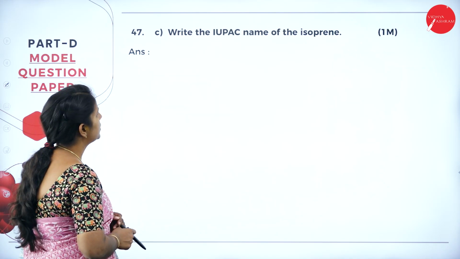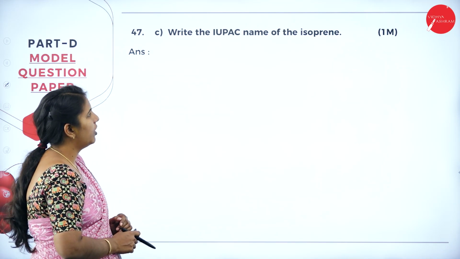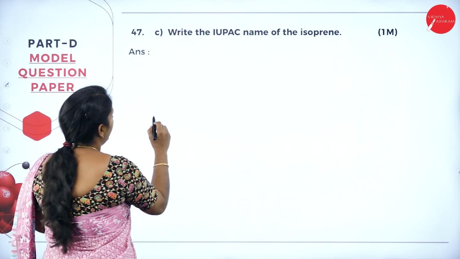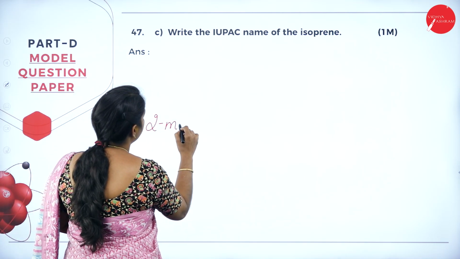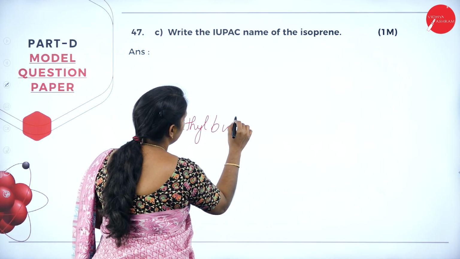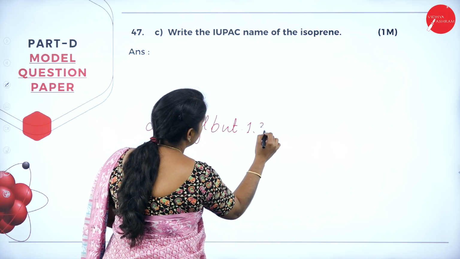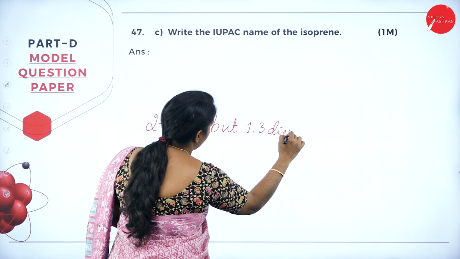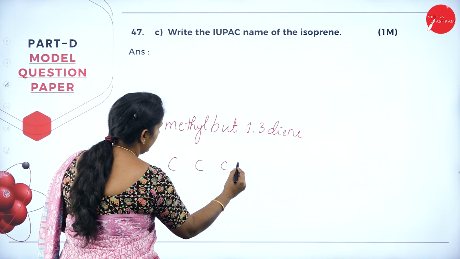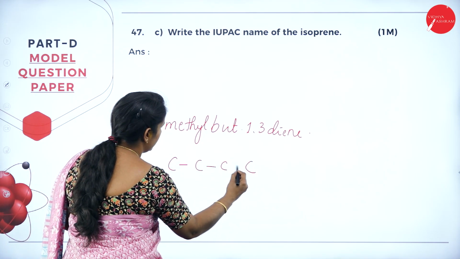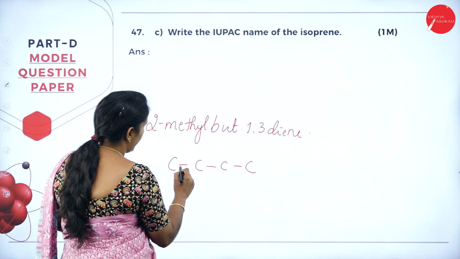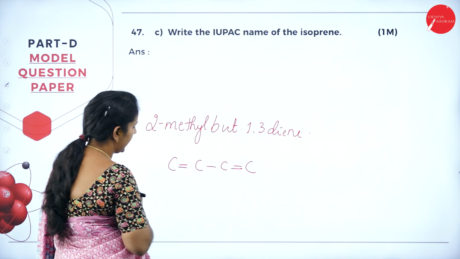Next question. Write the IUPAC name of isoprene. The IUPAC name of isoprene is 2-methyl-1,3-diene, or you can write the structure also: 1, 2, 3, 4. Carbons 1 and 3 should have a double bond because it's a diene.